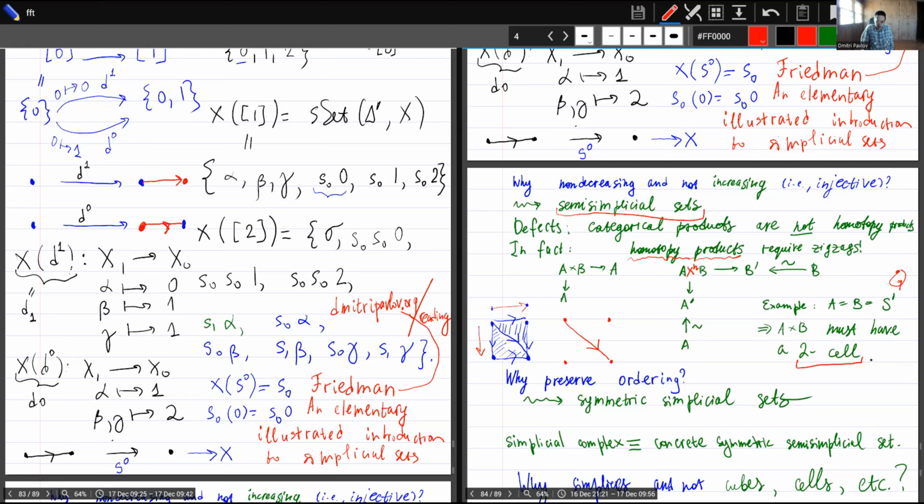Yes, you can use it to encode all spaces, but that's not a pleasant or efficient way to do so. Okay, so this explains why we really want degeneracy maps to be present. Any questions about degeneracy maps, by the way?